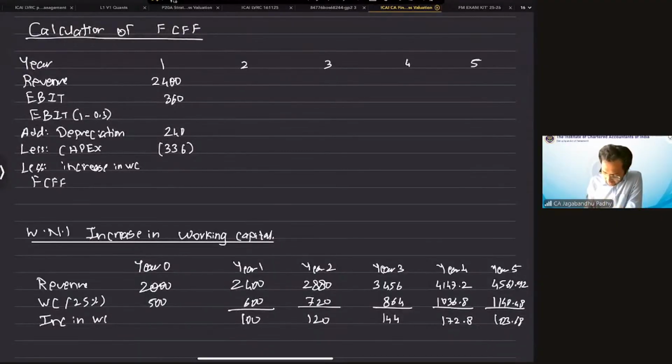So the first year increase in working capital was 100, and we'll get the FCFF on those lines.